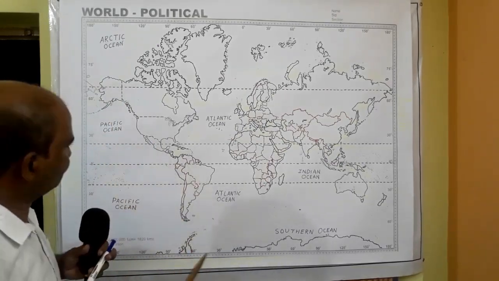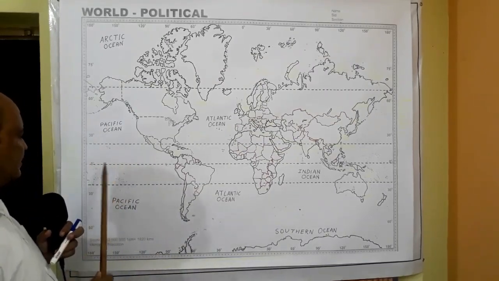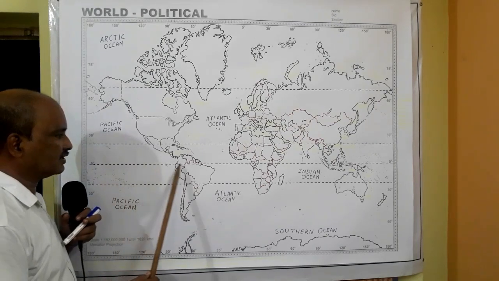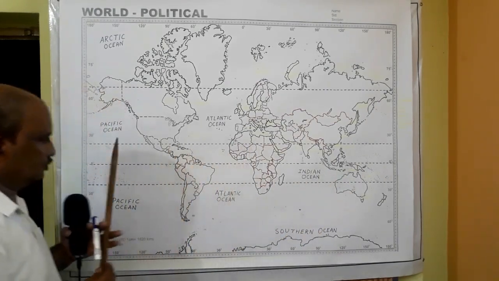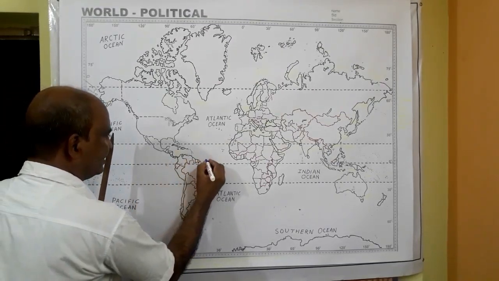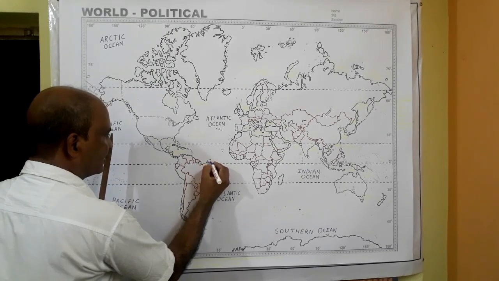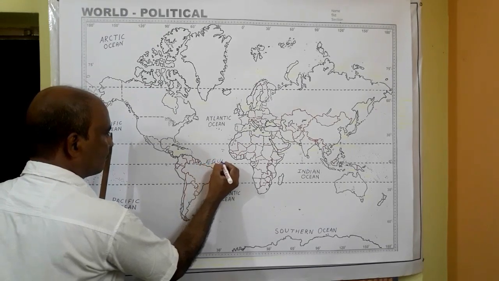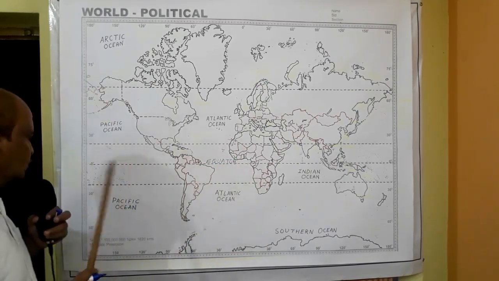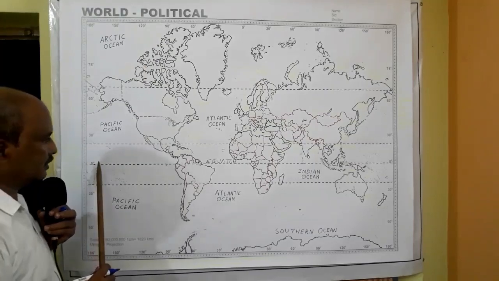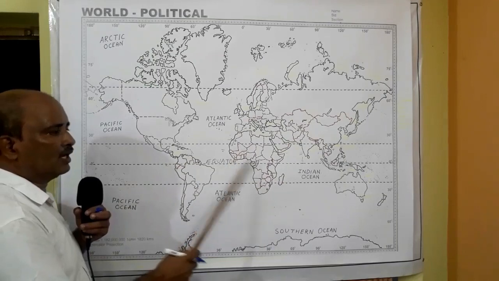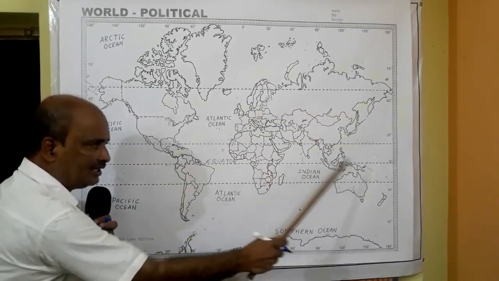Now let's begin. Here we see the 0-degree latitude. This is the 0-degree latitude, which we call the equator. So I am writing here, it is the equator. You can see the equator divides the world into two equal halves latitudinally.